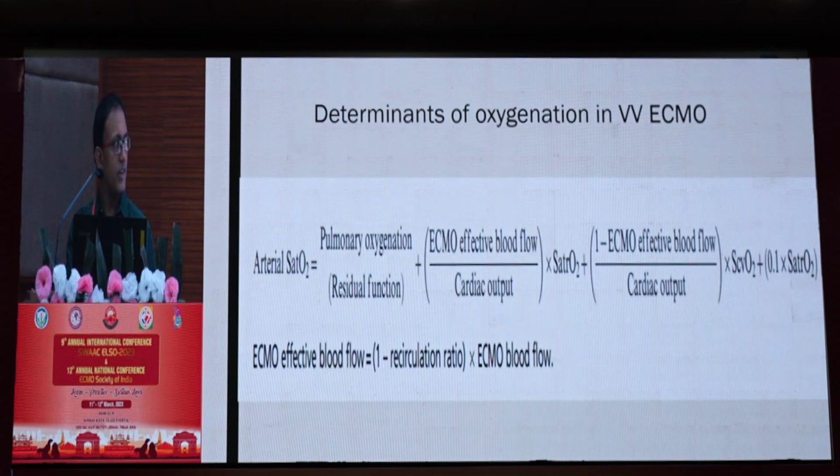This is a formula which combines most of these: the residual pulmonary function plus the effective ECMO flow, which excludes the recirculation part, and the flow which is in the patient, which doesn't go into the ECMO.